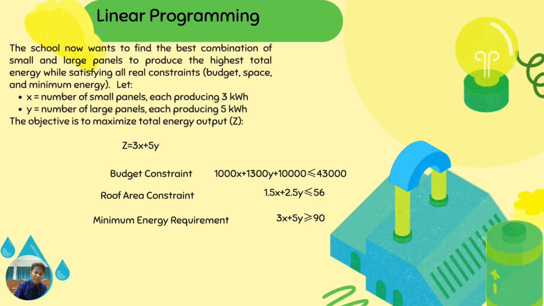For the minimum energy requirement, the school has decided to take 19 kilowatts a day as the minimum, so we can express it as 3x plus 5y not less than 19 kilowatts a day.